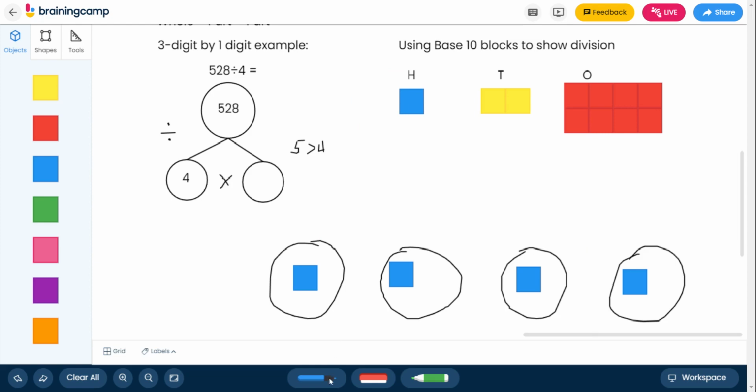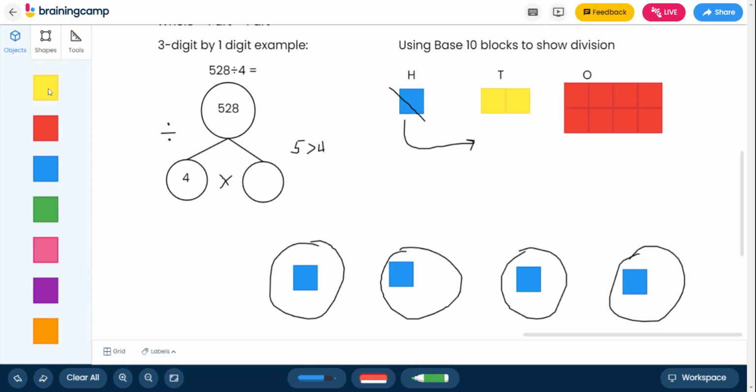So what has to happen to that 100? As our previous examples show, we have to regroup. Now, just to remind you, just like 1 ten is equal to 10 ones, 1 hundred is equal to 10 tens. 100 is equal to 10 tens. So one of these blue blocks will be 10 of these yellow blocks.